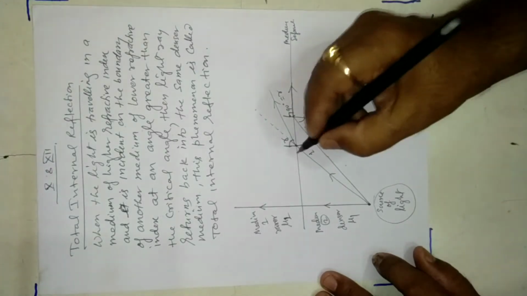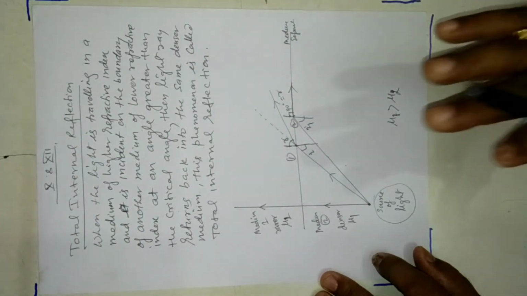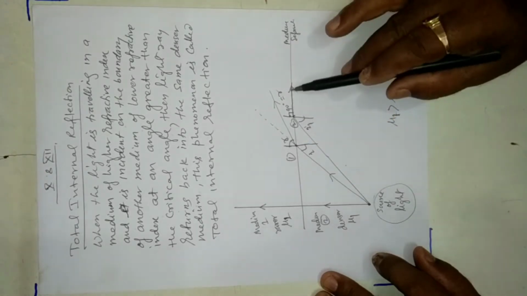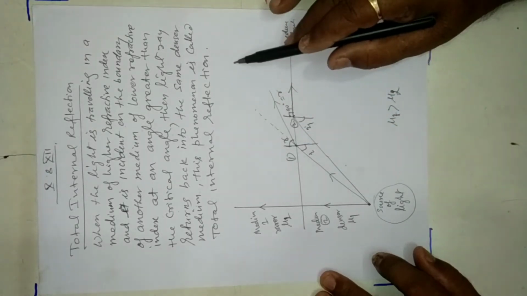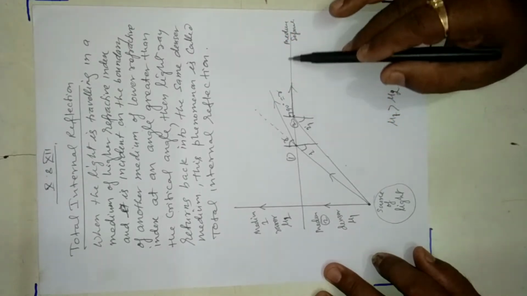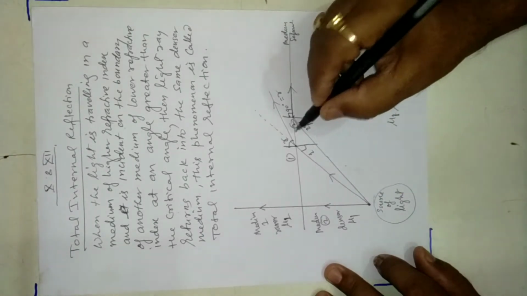Till now, in situation 1 and situation 2, there is refraction. Here the only difference is that the light ray is not moving in the second medium, it moves along the boundary of the two media.